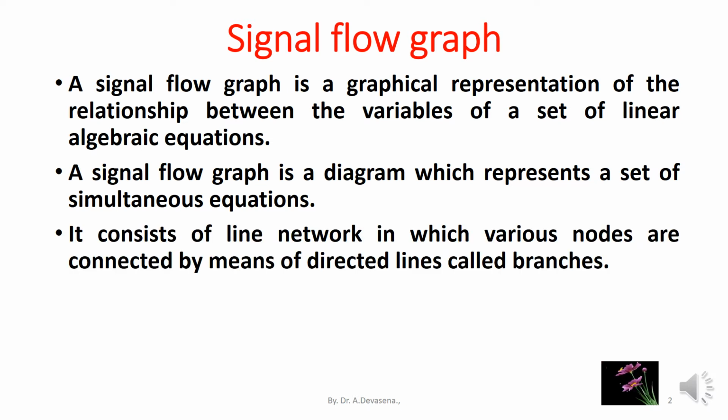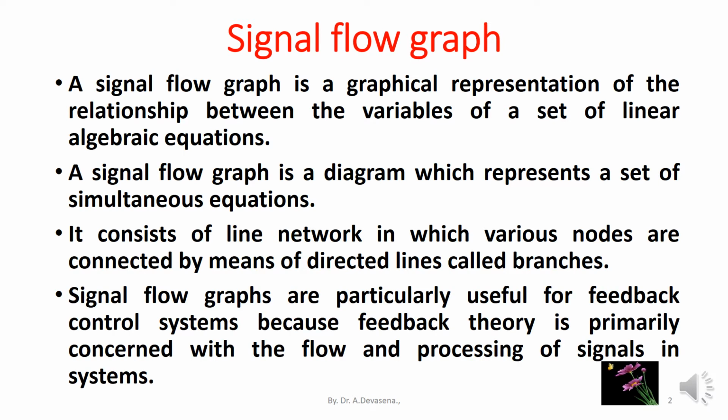It consists of a line network in which various nodes are connected by means of directed lines called branches. Signal flow graphs are particularly useful for feedback control systems because feedback theory is primarily concerned with the flow and processing of signals in systems.